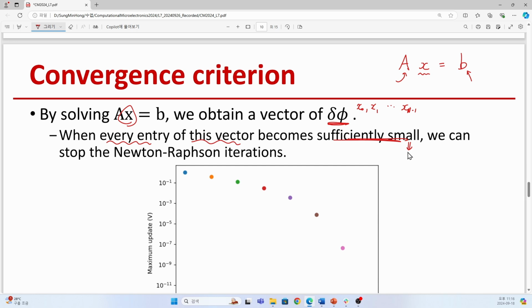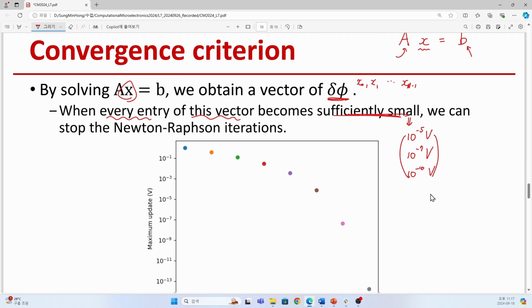There is no well-defined definition of this, but as a rule of thumb, for example, smaller than 10 to the minus 5 volt, or 10 to the minus 7 volt, or 10 to the minus 10 volt. Any of them can be a good criterion to stop your Newton-Raphson iteration.